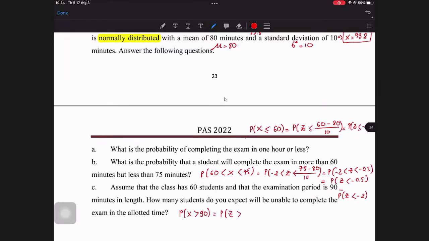So Z greater than (90 minus 80) over 10. What we have here is P of Z greater than 1. Okay. For P of Z greater than 1, we can convert it into P of Z smaller than -1. We change the direction and we change the sign here. Okay. And actually, this value is equal to 0.1587, if you remember, because this is something that you did in exercise number 9.